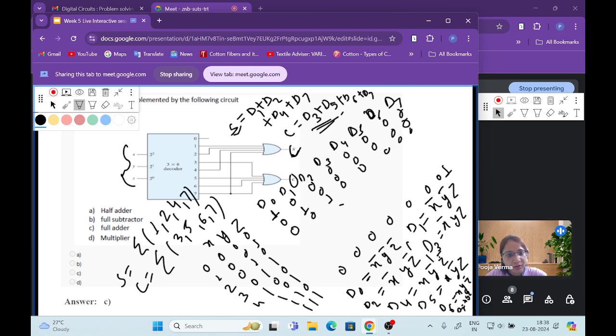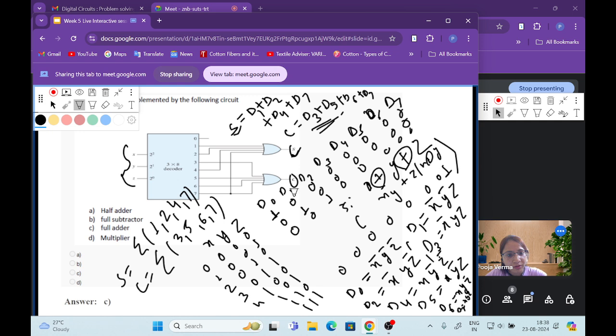Okay. So if you add these terms, D1, D2, D4, D7, you will get X XOR Y XOR Z. You can solve it. Then you can say that it is the sum equation of the full adder, and for carry you again add from here and you will get XY plus Z(X XOR Y).